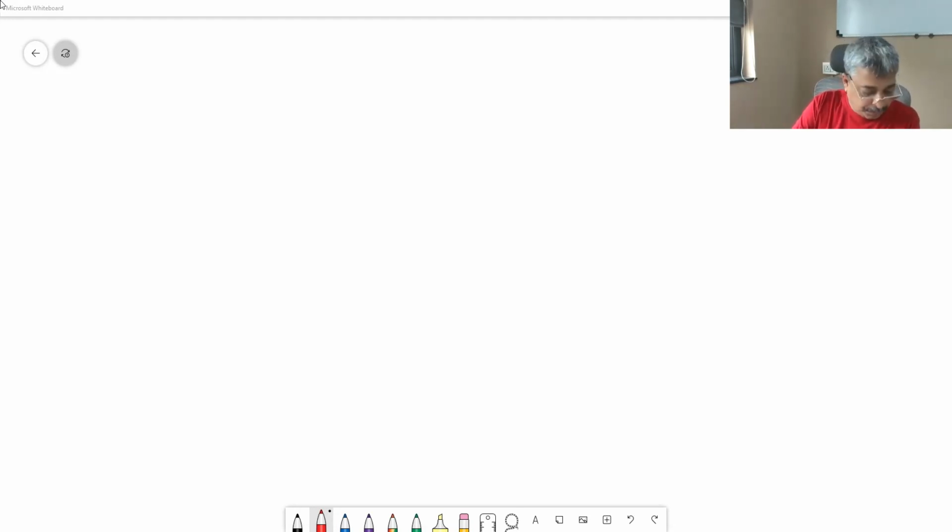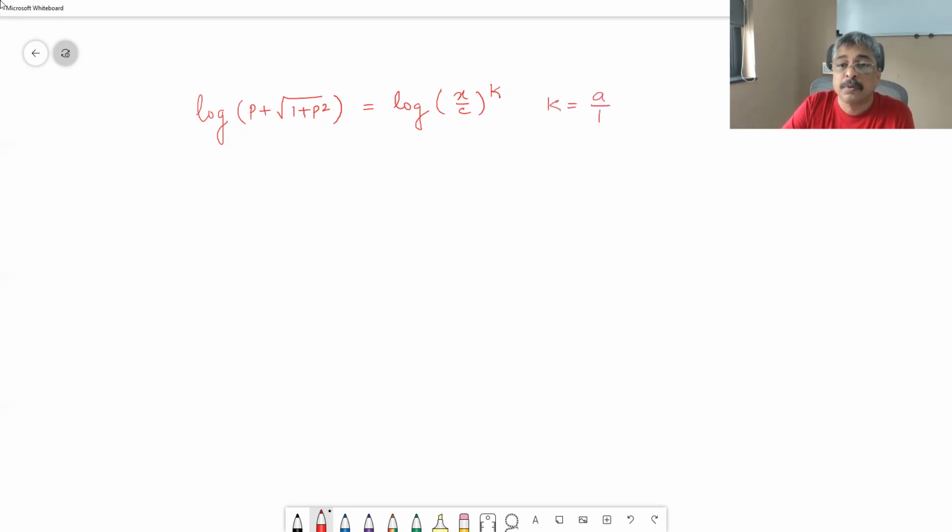In the last lecture, up to the point where we got the solution of the first differential equation, which was log p plus radical 1 plus p square is equal to log (x by c) raised to k, where k is your ratio a upon b, and c is the starting point x coordinate.